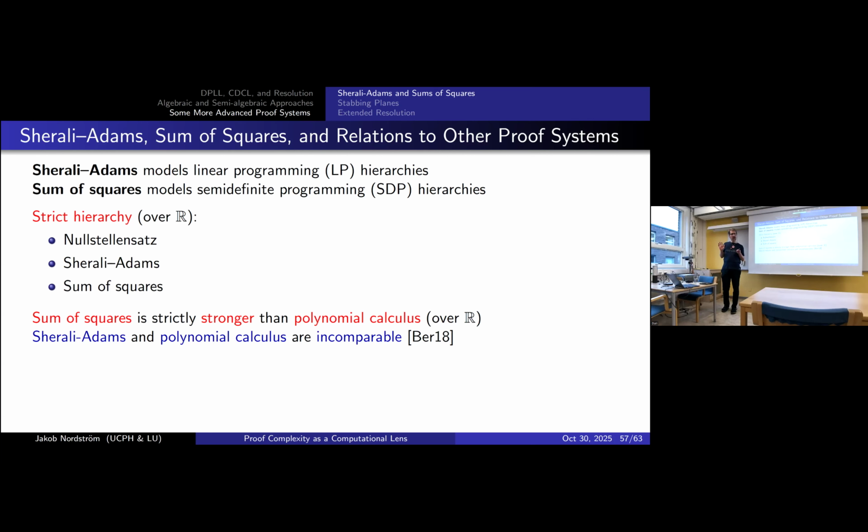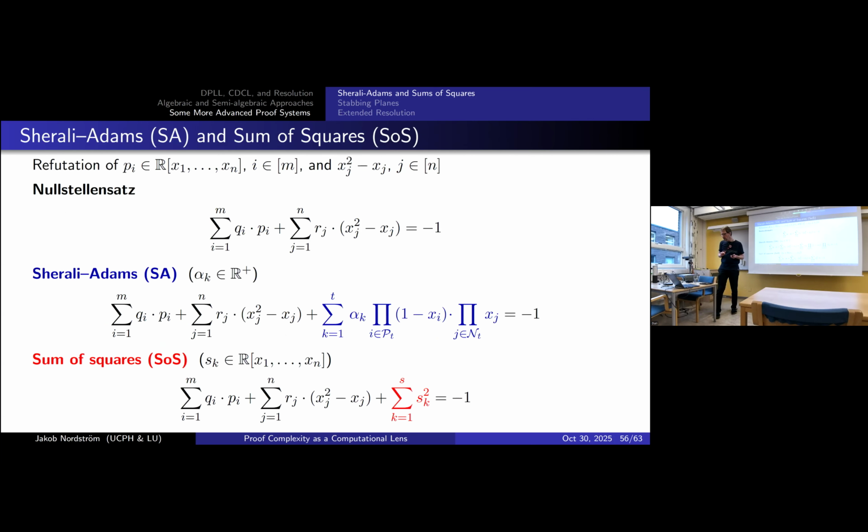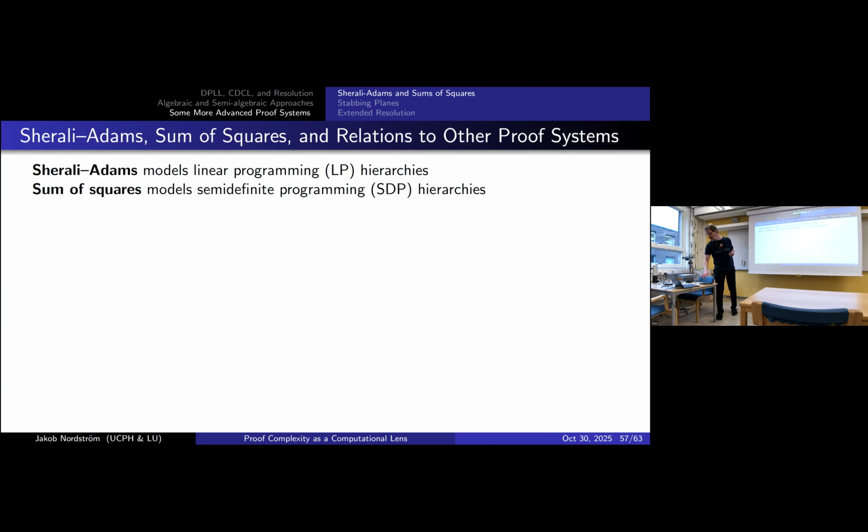And again, you realize that now once we have this description with squares and these cones, it's kind of important that we're over the reals, because it doesn't really make sense what a square is if you're not over the reals. So Sherali-Adams and sums of squares are defined only over the reals.